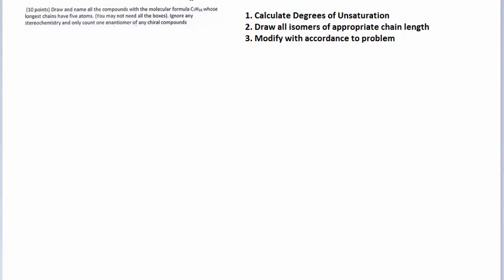Okay, so degrees of unsaturation. So there is a formula that goes something like this. DOU equals 2 times the carbons you have plus 2 minus H minus X, I believe, plus N, all over 2. What this formula does is it calculates the number of double bonds, triple bonds, and rings you have.